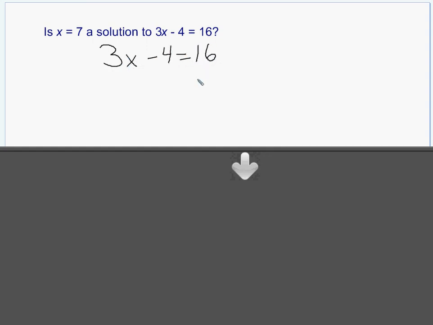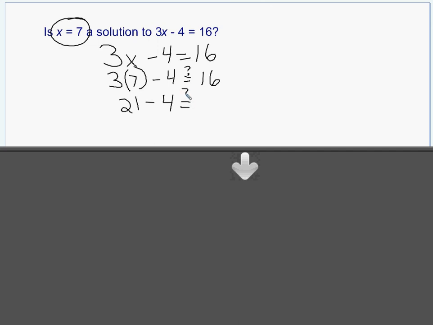Right? Substitute, simplify. So, substitute. I have x equals 7. So 7, don't forget parentheses. Minus 4 equals 16. Do I know that that equals 16? Nope. So you're going to put your question mark. 3 times 7 is 21, because we're following the order of operations.